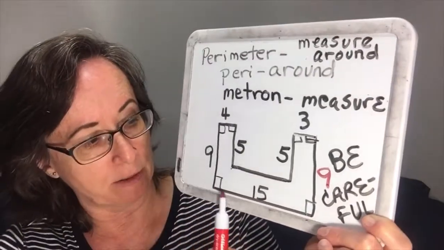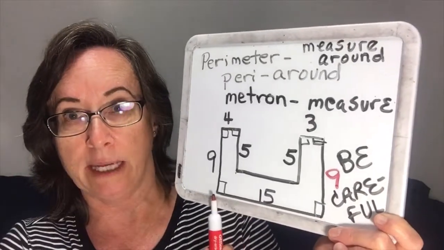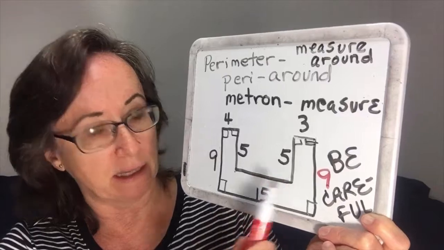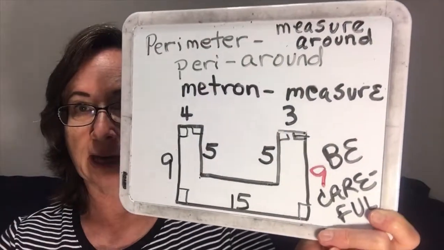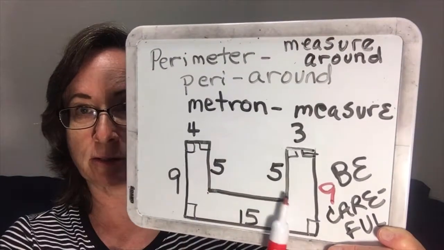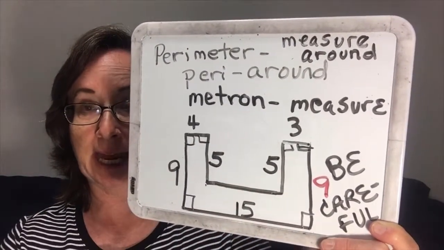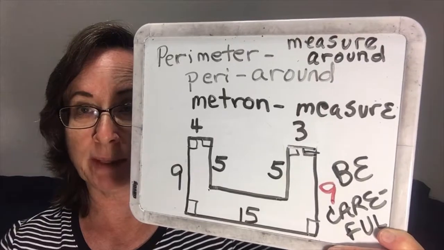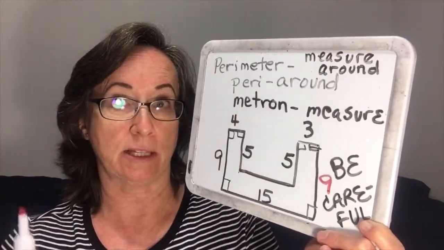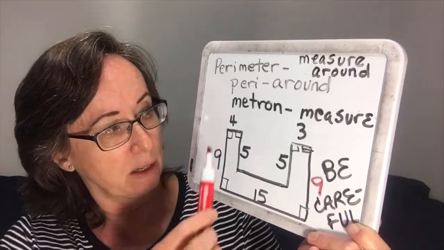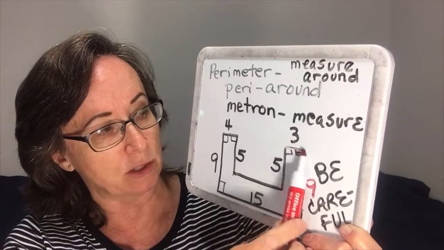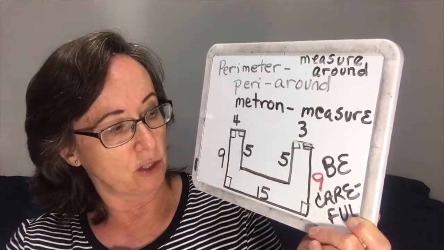This 15 goes with this bottom line, which is wider. How can we find out what this line across is, between the two legs going up here and up here? Well, we know this bottom line is 15, and we know everything is right, and we know the top of this one measures 4, and this top measures 3.